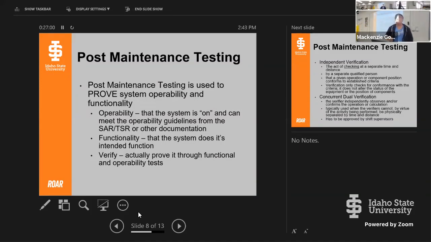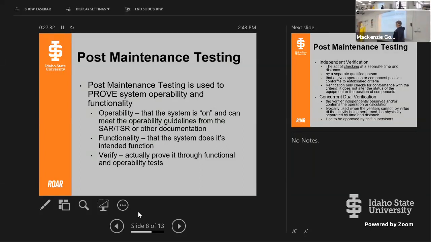So if we have a radiation detector that is credited in our SAR as being able to detect neutrons in the event of an accidental criticality, operability means that that detector is there and on, and that it can detect neutrons, right? That means it's operable.